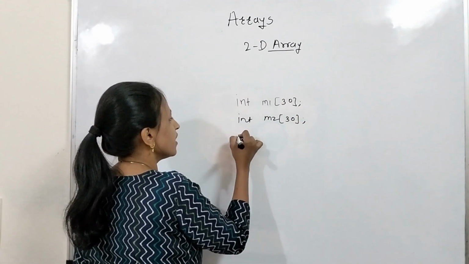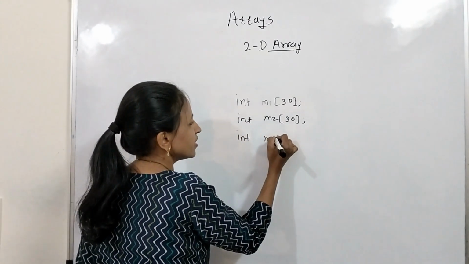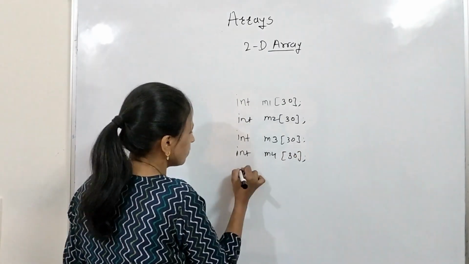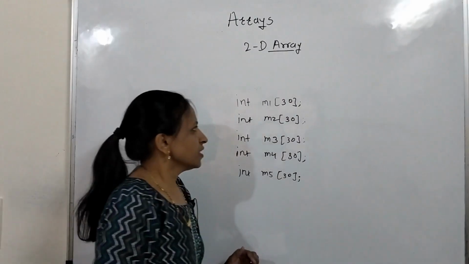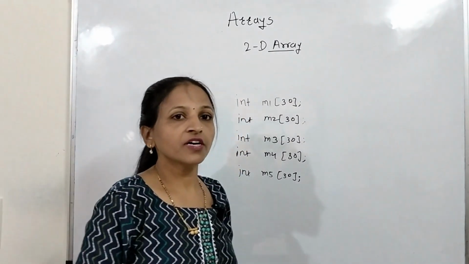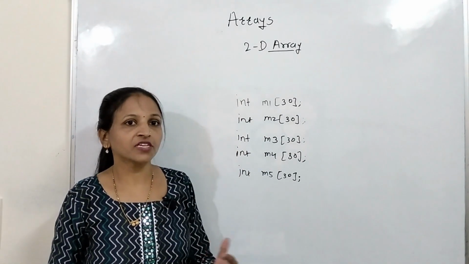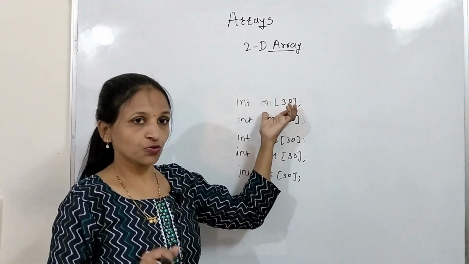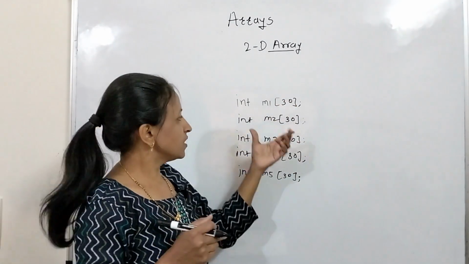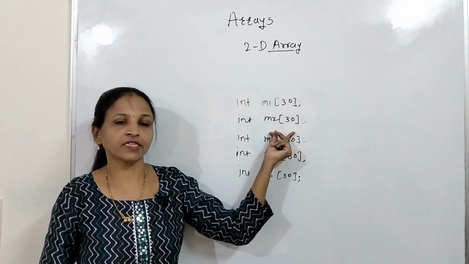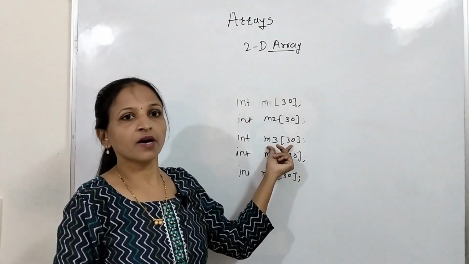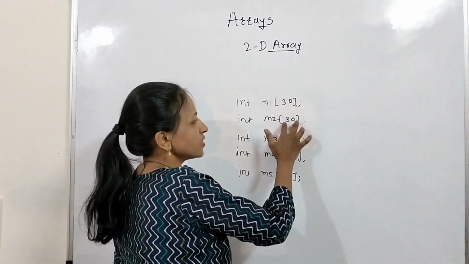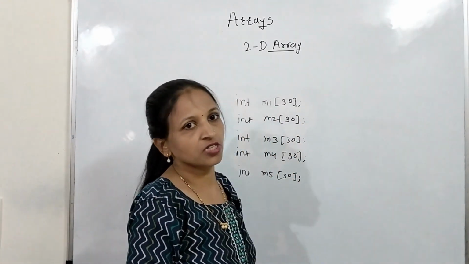In this way we have to declare 5 different arrays. See, we have created 5 different arrays for storing marks of each individual subject. The first array will store marks of the first subject, the second array the second subject, the third array the third subject. Means here we are grouping together 30 elements using one-dimensional arrays.